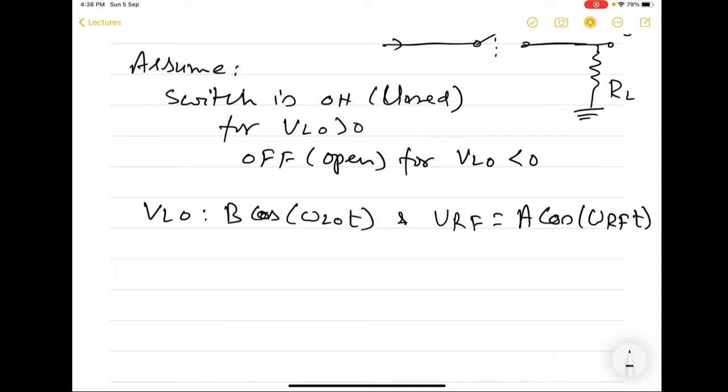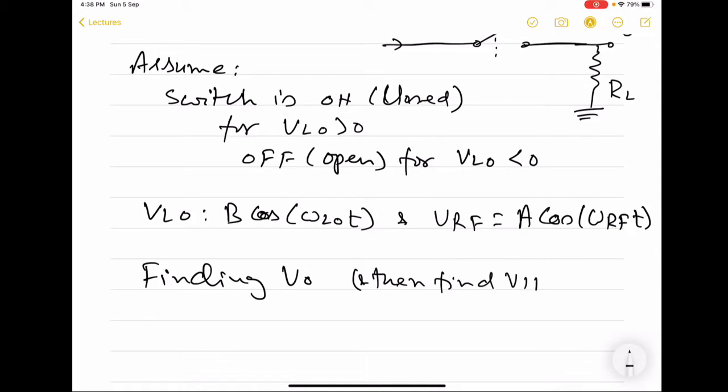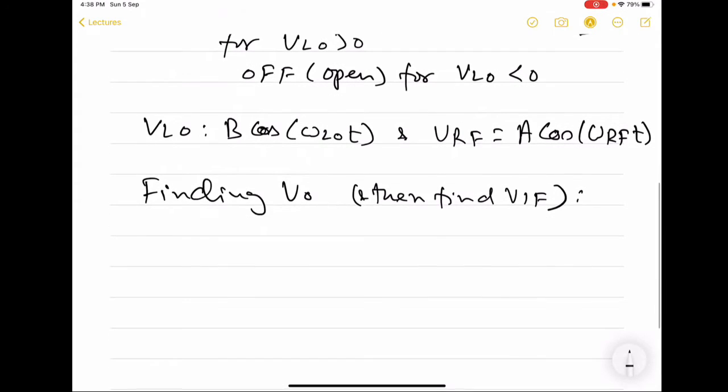So the objective is to find VO, and from there find IF. There are certain steps that we will follow, and these steps are going to be very general.